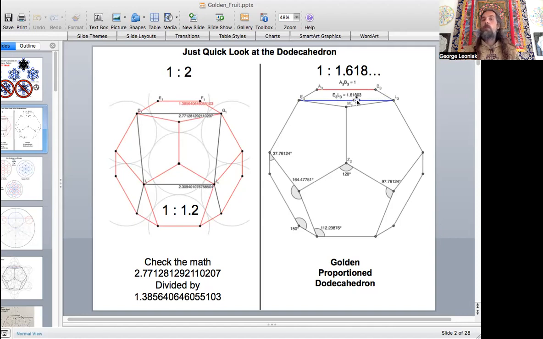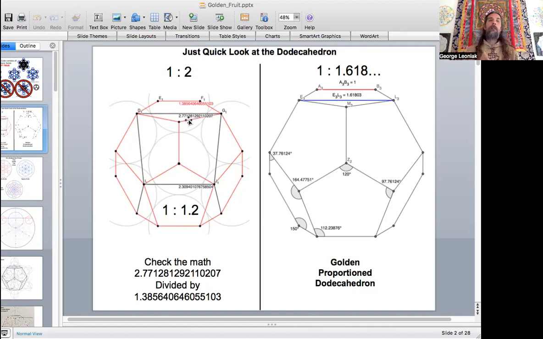If that was 1.618, the back edge would be 1 inch. And in the Metatron's cube depiction of that in the fruit of life, what winds up happening is we have a 1:2 ratio. When you divide these two numbers, you'll see that if this length was 2, then this back edge is 1. Okay, so I've covered this a lot in other videos.